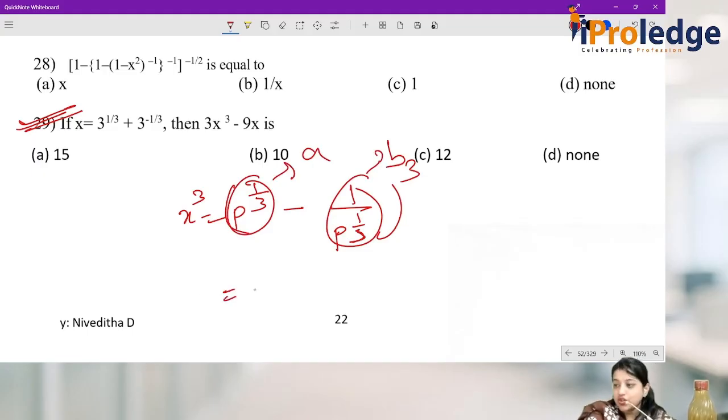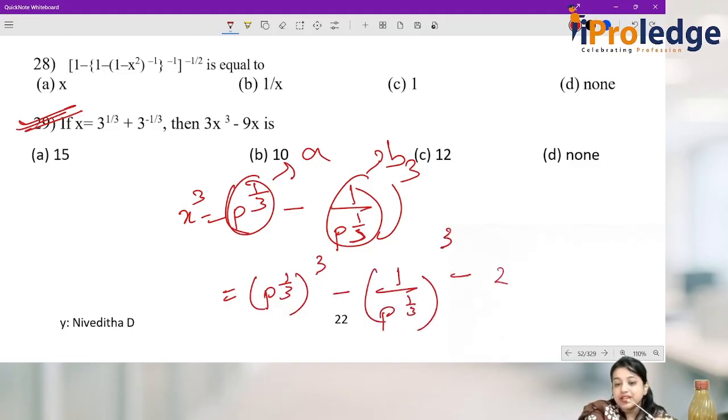Okay, now see, cubing this, what happens? p to the power of 1 by 3 the whole cube minus 1 divided by p to the power of 1 by 3 the whole cube minus 3 into a, which is p to the power of 1 by 3, into b, which is 1 by p to the power of 1 by 3, into a minus b. What is a minus b?